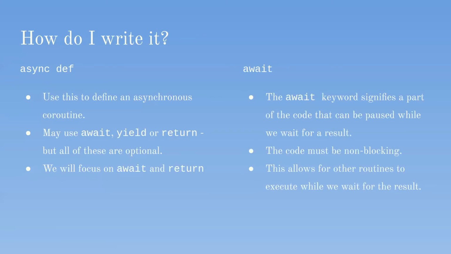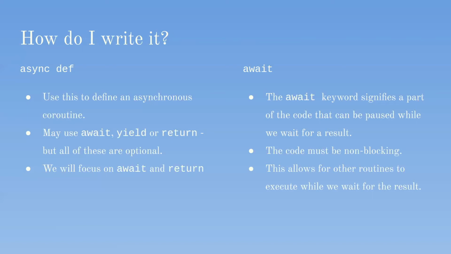So what is the await keyword, which goes hand in hand with the async keyword? The await keyword signifies a part of the code that we can pause while we wait for a result. What the Python interpreter sees is, once it gets to this await keyword, it's saying, okay, I've sent off this request.